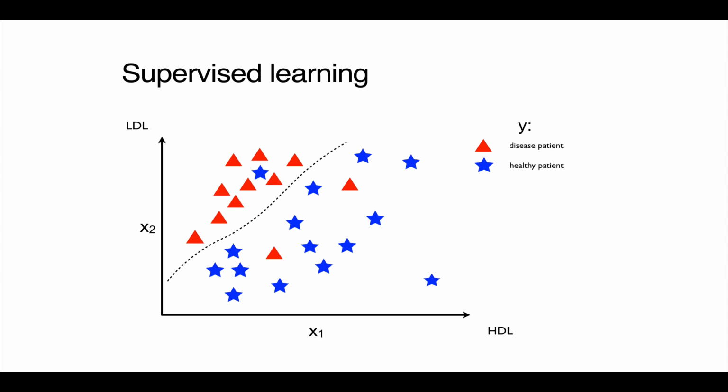The purpose of this is that when you receive a new patient, you want to determine if this is a healthy or a diseased patient. The goal here is to make a classifier that can tell, given a new patient and its HDL and LDL, would this be a healthy or a diseased patient? What would be the best estimate?